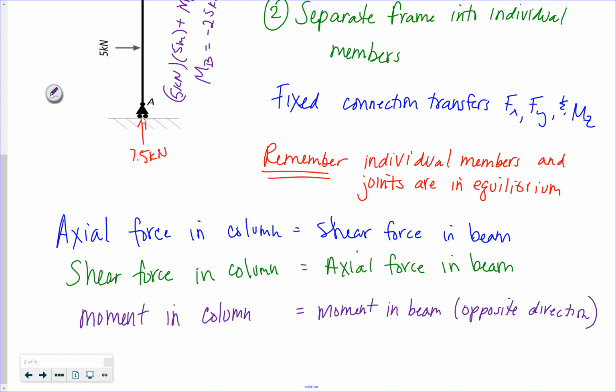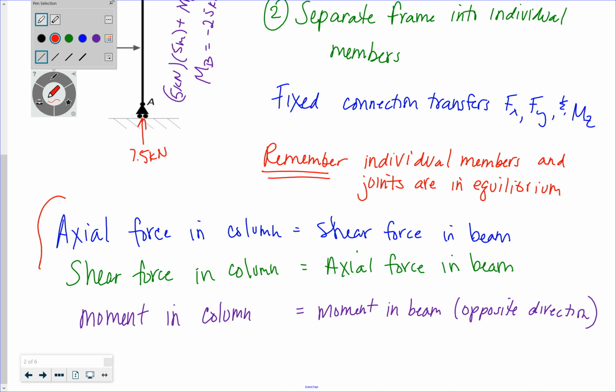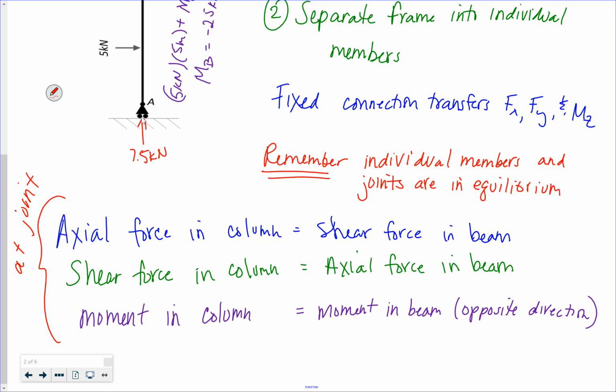And this is all at the joint. Okay. At the joint, your joint transfers axial force in your column to shear force in your beam, shear force in your column to axial force in your beam, and the moment, it just makes it in the opposite direction.